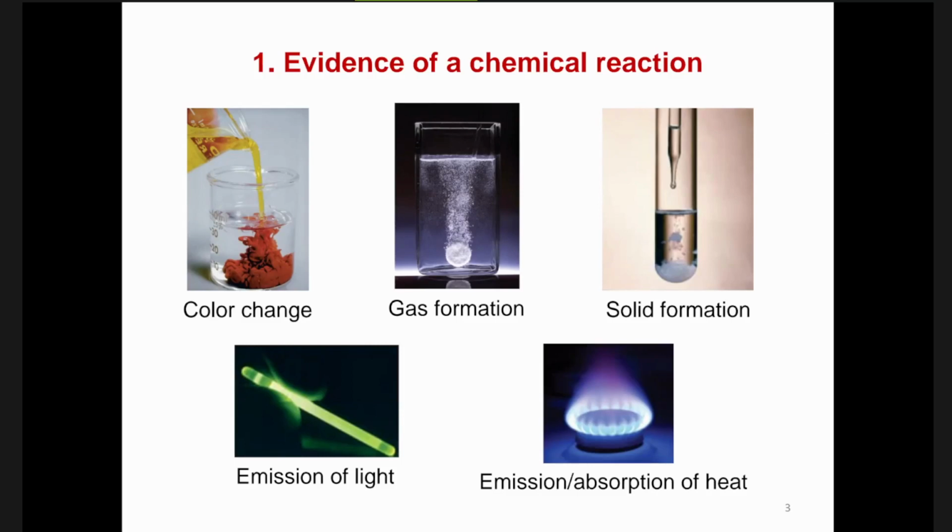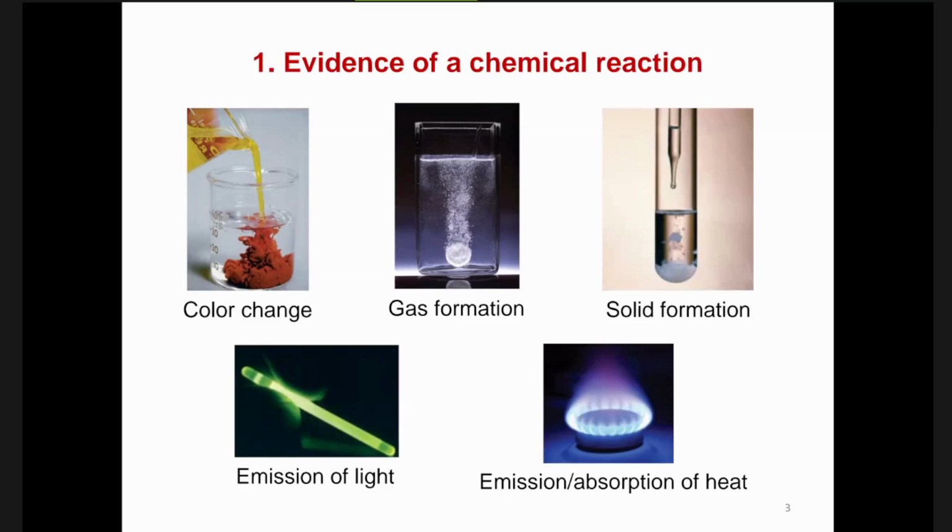In other words, the interaction of the solution with the light you send to it will be changed. That indicates a new chemical compound is generated in this solution. So when you have a color change, you can say there is very likely a chemical reaction.